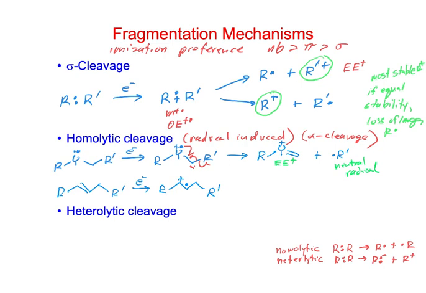So we have a plus. We can draw them together, or usually we draw a plus on one side and the radical on the other, but we could do it either way. Okay, but once we have this radical, we can do this alpha cleavage.